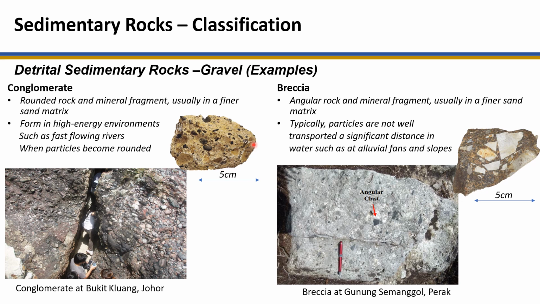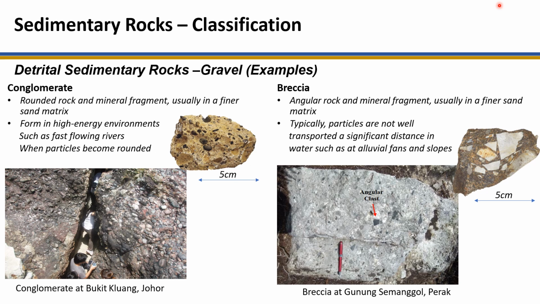Conglomerates form in high energy environments such as fast flowing rivers. The high energy of this environment causes the clasts to be transported and deposited rapidly, which helps to round the edges because of processes like saltation, suspension, and traction taking place, creating the rounded shape of the edges.